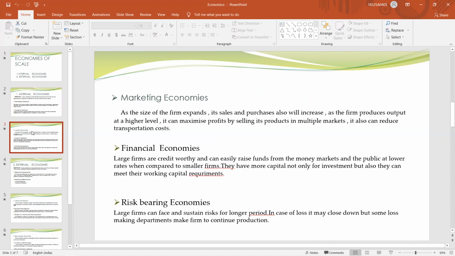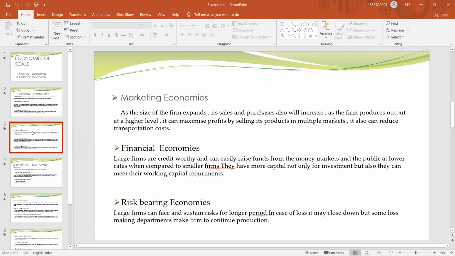And marketing economies. As the size of the firm expands, it also increases its sales and purchases.